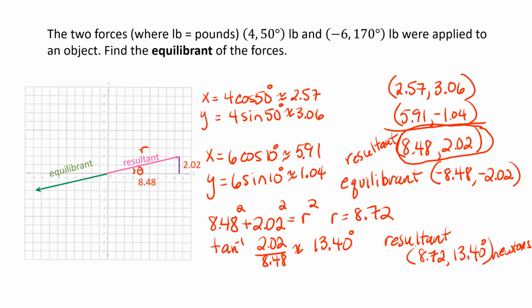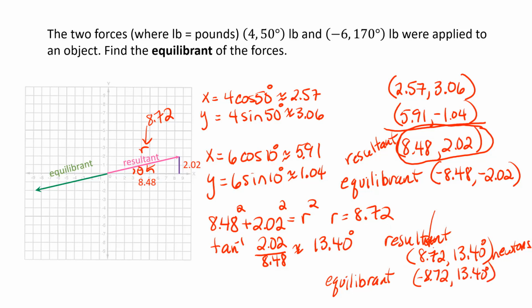So the easy way to write the equilibrant in polars is just to change the direction of the r, make it go in the opposite quadrant. So if this r is 8.72, then if we go in the opposite quadrant, using the same theta, that's going to be negative 8.72, 13.40°.